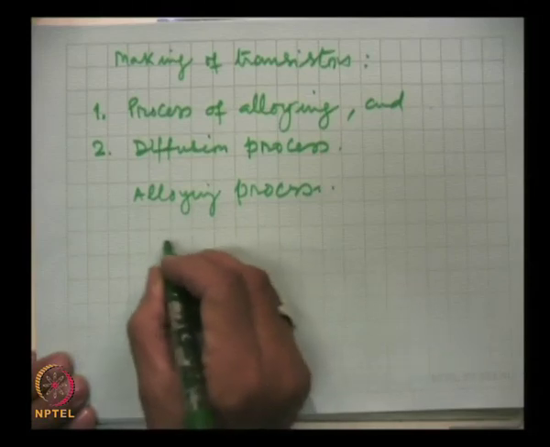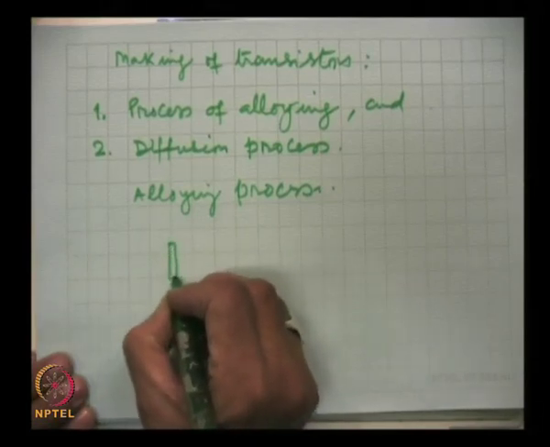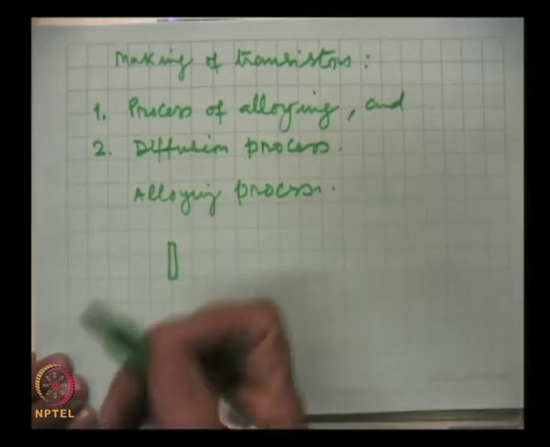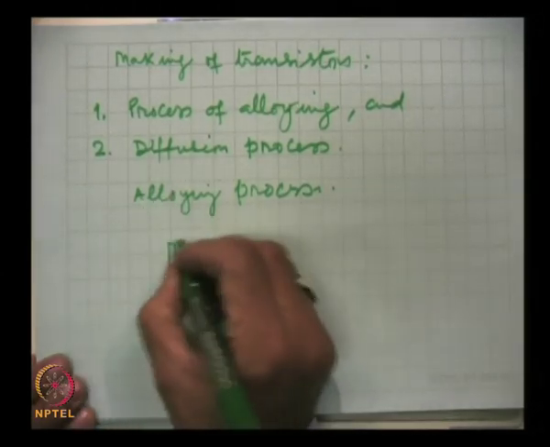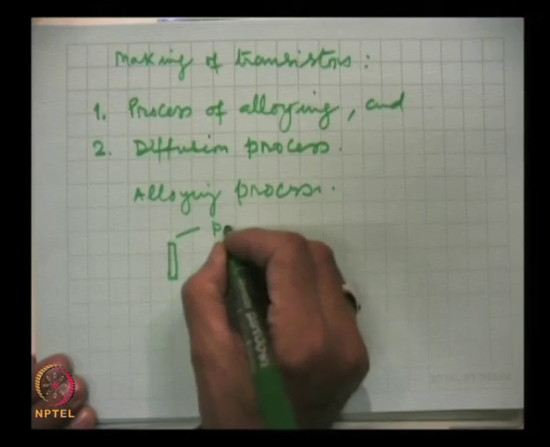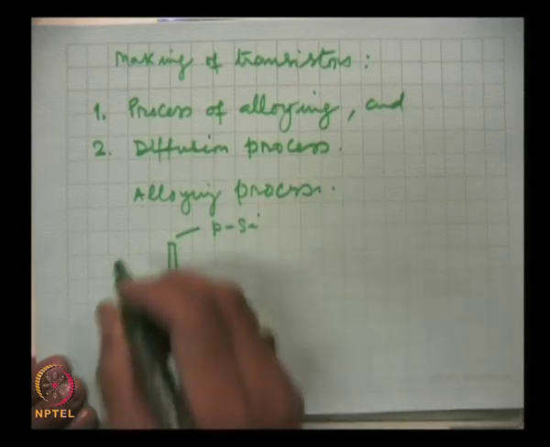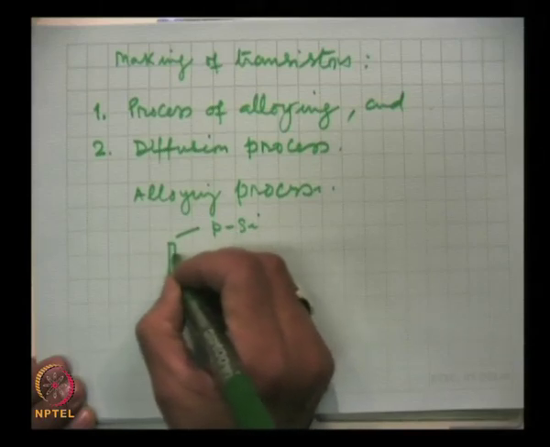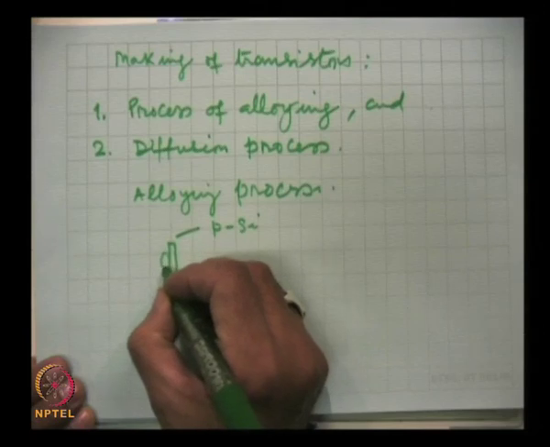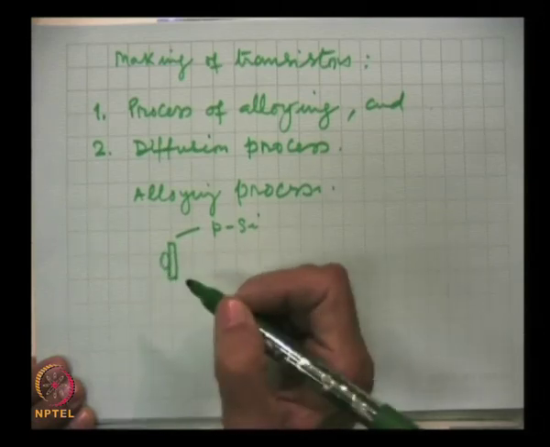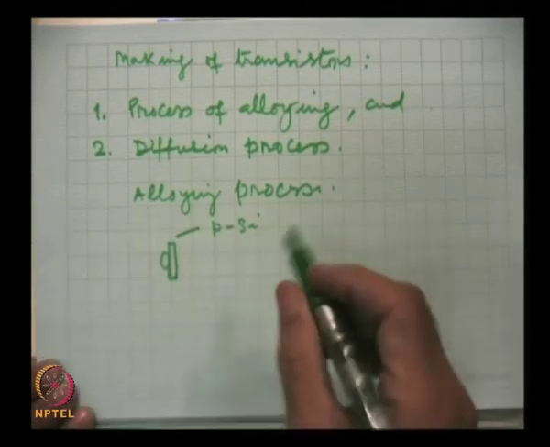We take a small crystal of, say, p type silicon, and on one side we put a small dot of a pentavalent impurity.